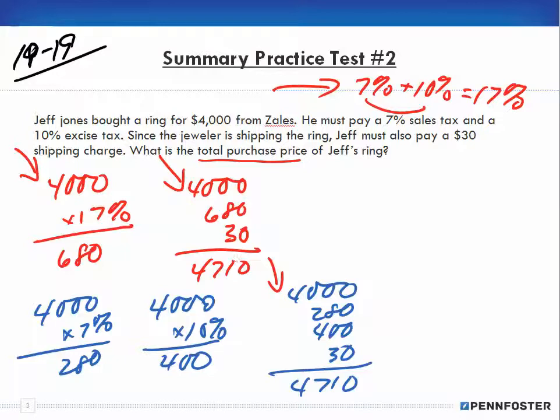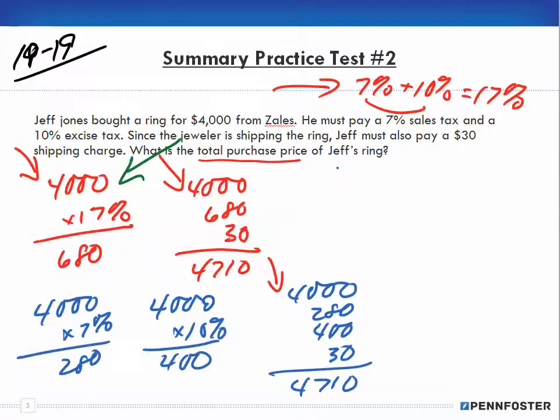Okay, now I could have gone one step further here in efficiency, right? And this is going to have to do with right here. So I multiplied out 4,000 by 17%, came up with 680, right?